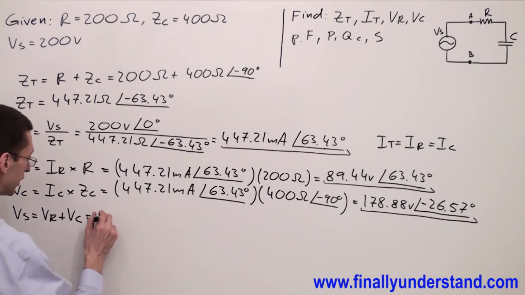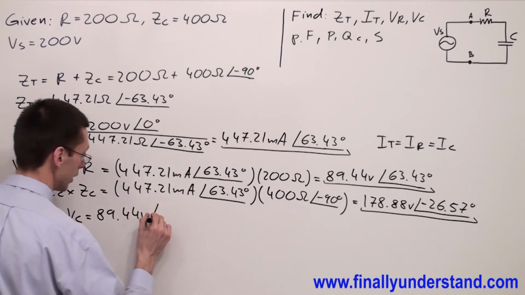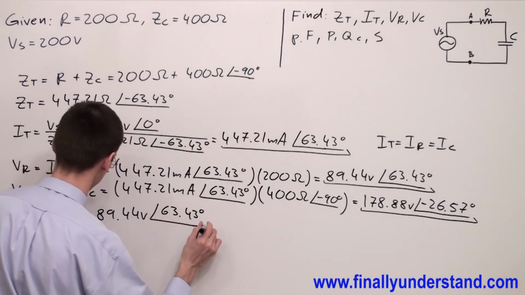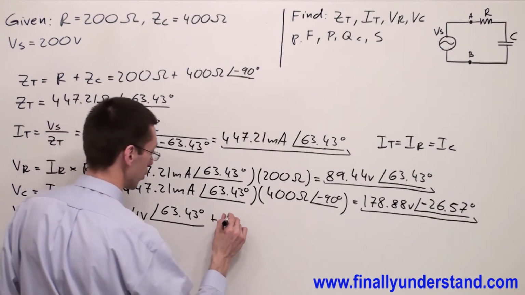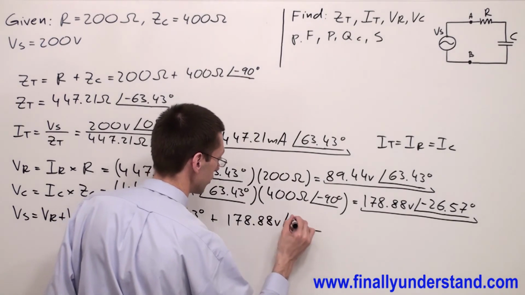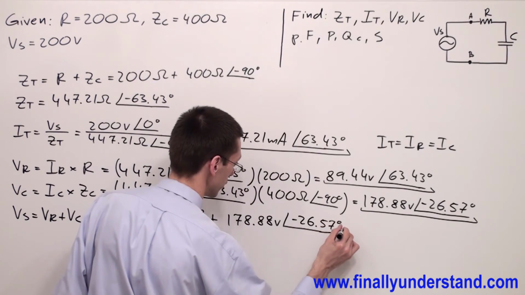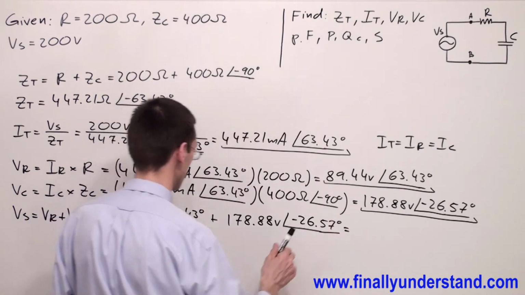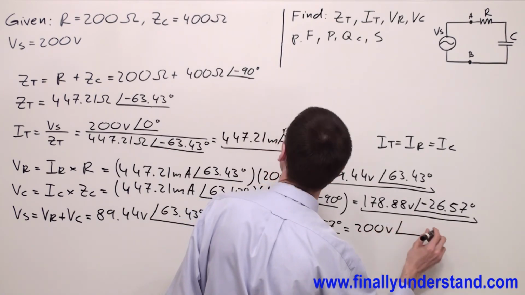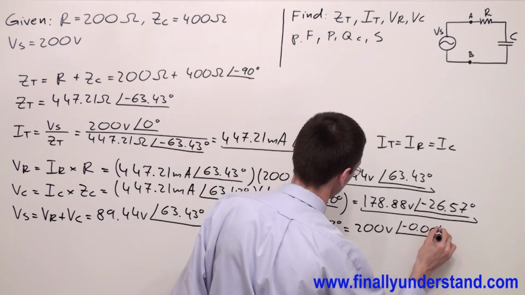So I have VR equals 89.44 volts, an angle of 63.43 degrees, plus 178.88 volts, an angle of negative 26.57 degrees, equals 200 volts, an angle of negative 0.004 degrees.